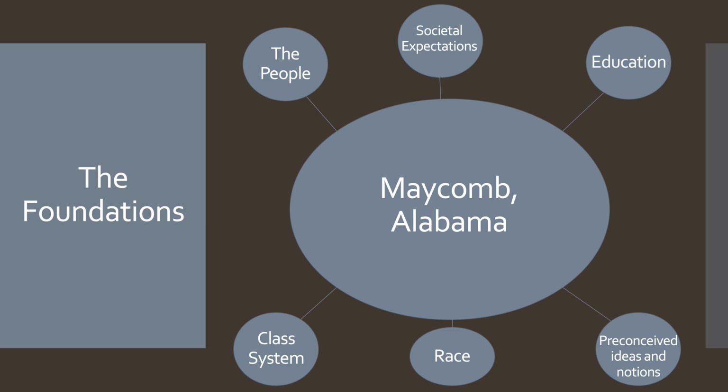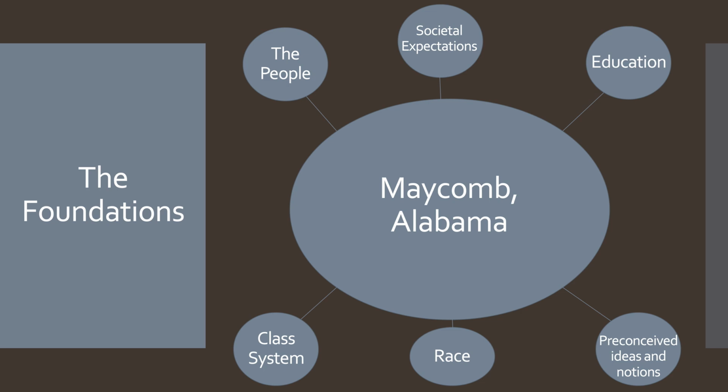So we are going to divide Maycomb into these 6 different subsets. We're going to take a look at the people that make up this town. We're going to look at the societal expectations that the people of this town hold for one another. We are going to take a look at the education system. We are going to take a look at the class system. We are going to take a look at how the people of this town have varying views of race.